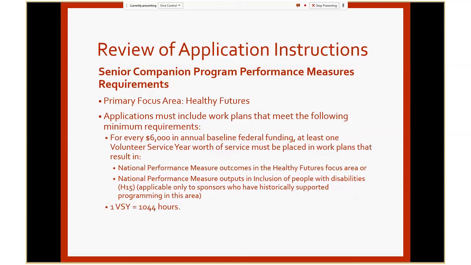For every $6,000, you have to have at least one volunteer service year worth of service placed in work plans that result in outcome-based measures in the Healthy Futures focus area, or outputs with inclusion of people with disabilities. That's output H15. But again, just like FGP, this is only applicable to sponsors who have historically supported programming in that area. So if that applies to your program, you've been doing this for quite some time. Otherwise, the first bullet is what applies to your program in an outcome-based work plan.